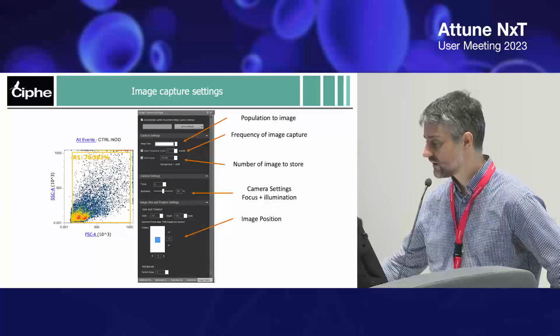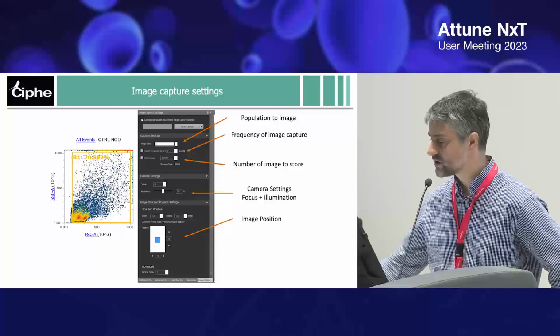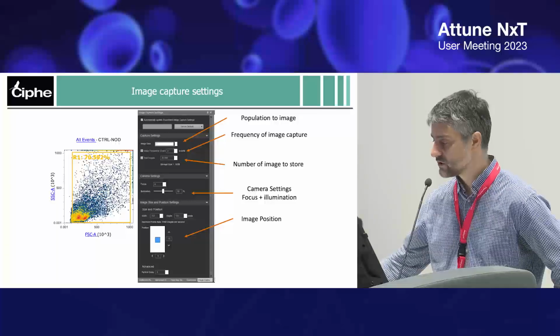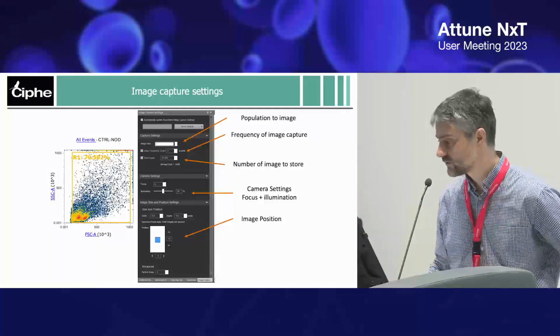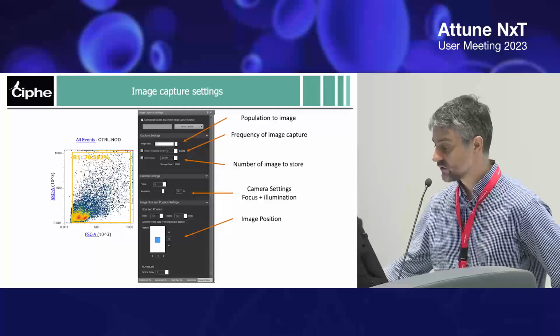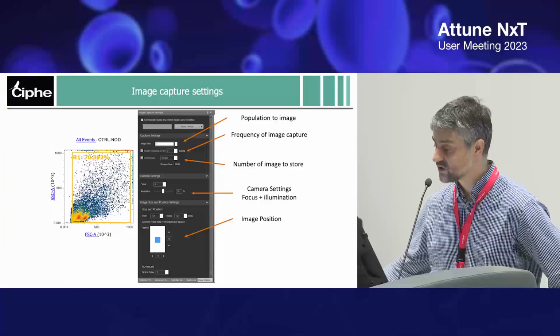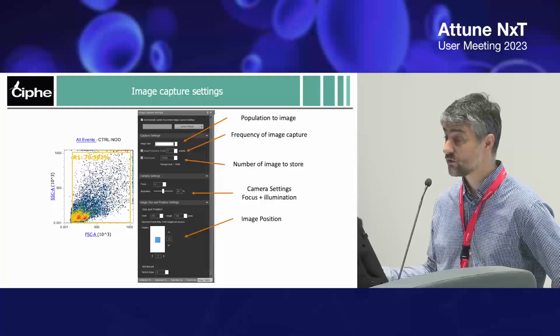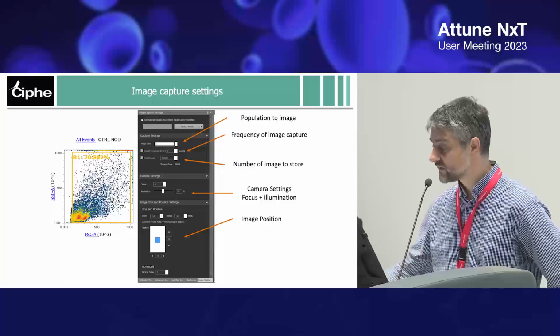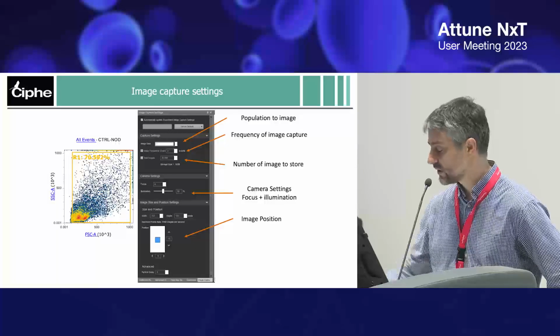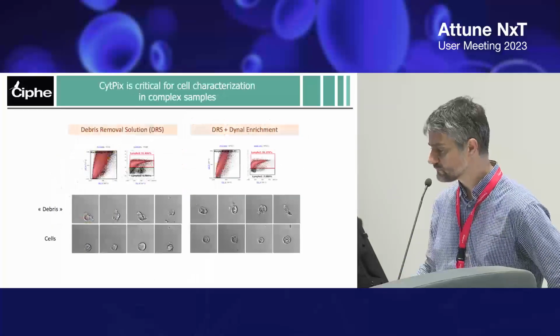You can select what you want to image, the frequency of the images you want to capture. All this will be shown during the workshop this afternoon. But you have some things that you can adjust, though very little compared to what you would do on a normal microscope. And we will see that this has some impact, but not a massive one.